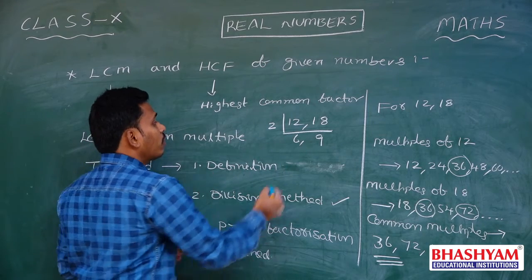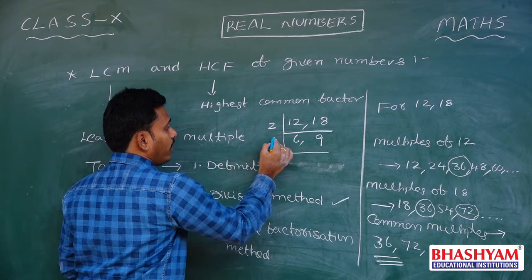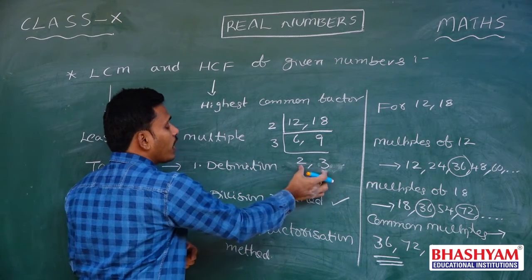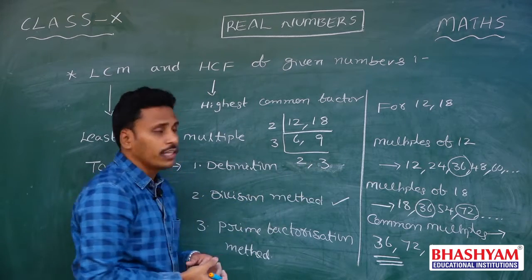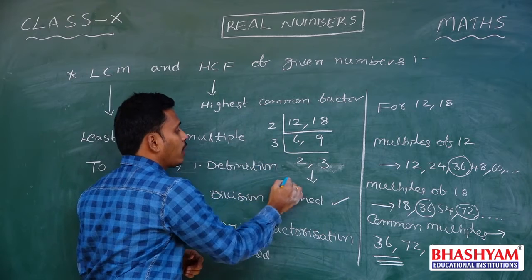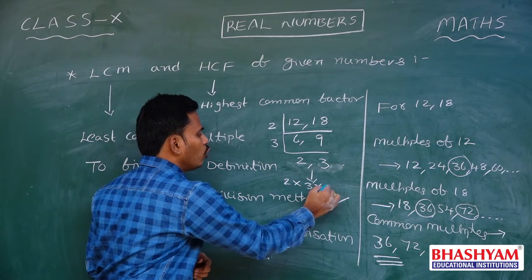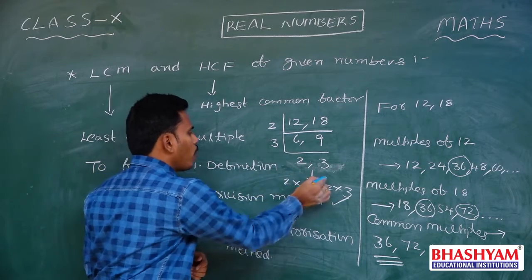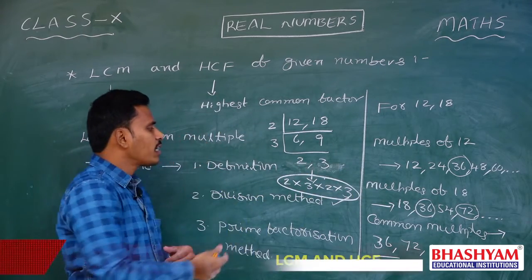Then choose a number which divides 6 and 9: 3. 3 twos are 6, 3 threes are 9. Now further splitting is not possible here. So by the division method, the LCM is 2 into 3 into 2 into 3. You need to multiply all these 4 numbers, and if you multiply them, it is 36.